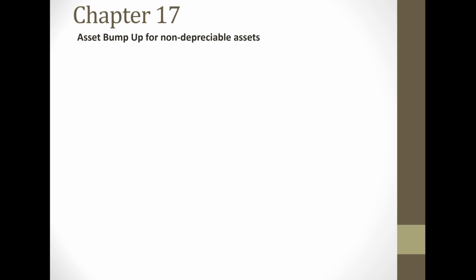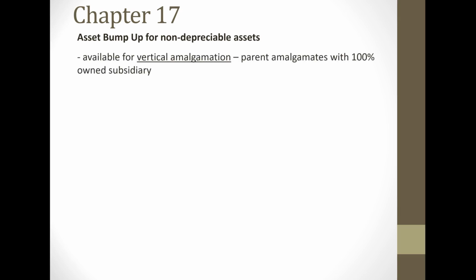There also is an asset bump up possible for only non-depreciable assets, for example, land. Now, this asset bump up is available for a Section 87 vertical amalgamation, where the parent amalgamates with the 100% owned subsidiary, and is also available for a Section 88(1) winding up of a 90% owned subsidiary.